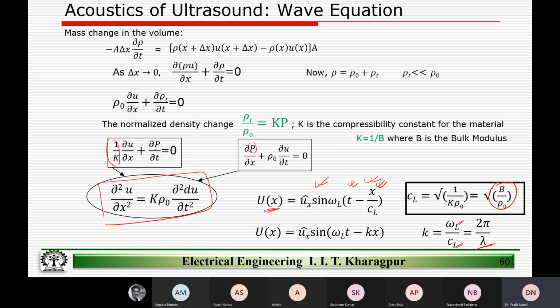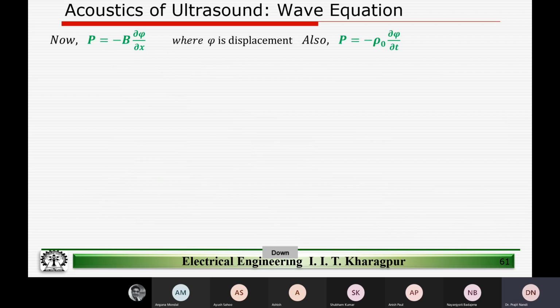Using these two equations, you can replace u also and put it in this equation, and you will come up with a similar expression, with some differences of course, which will relate pressure as a function of time and a function of x. That I'm not showing here as such. If you're interested, you can do that.